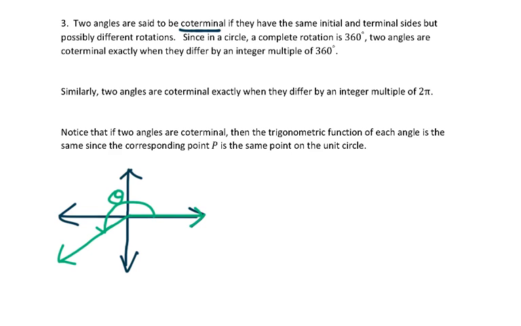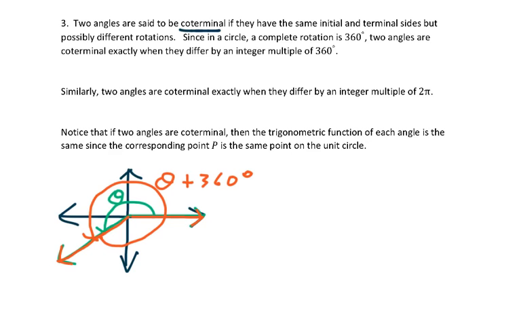If I take that angle theta and rotate it an extra 360, like so, that's going to be theta plus 360 degrees. So theta and theta plus 360 are coterminal.